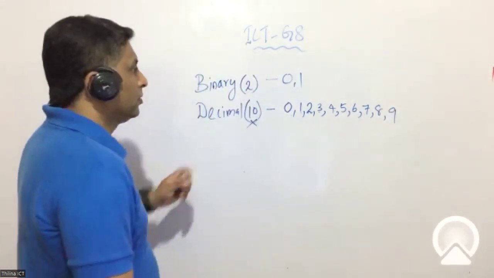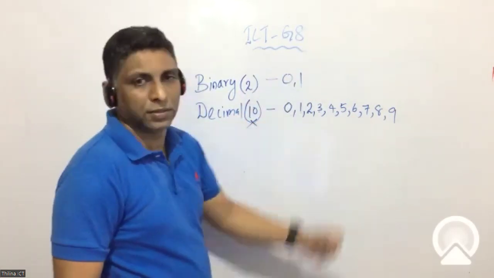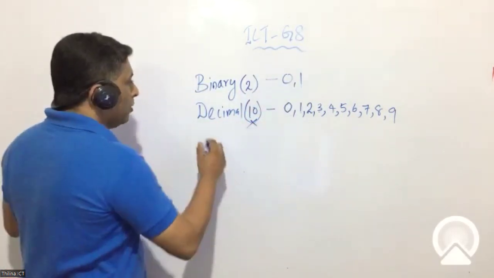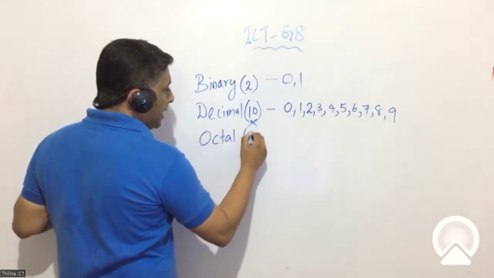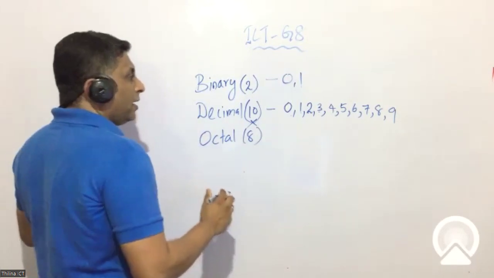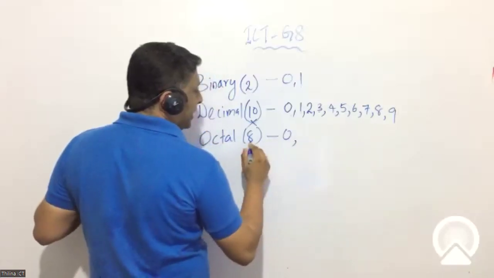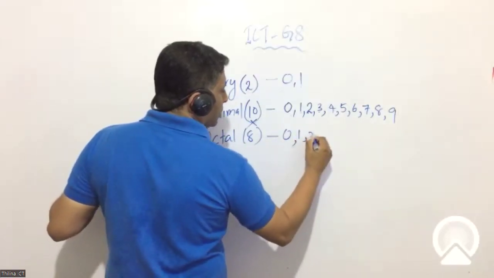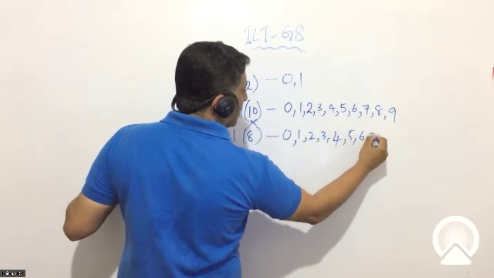So basically, base 2 contains 2 numbers, base 10 contains 10 numbers. Now, let's say octal, that's base 8. So 0 to 7. 8 cannot exist. 1, 2, 3, 4, 5, 6, 7. That's all.